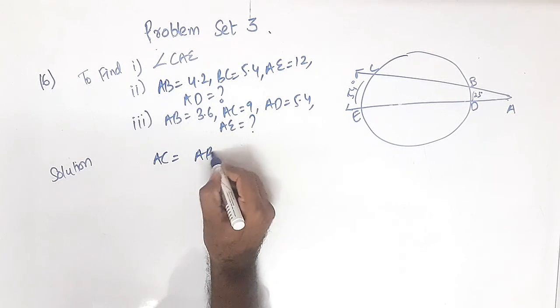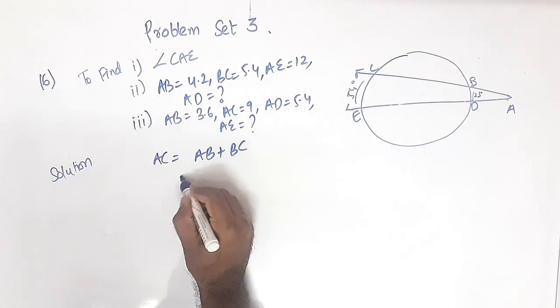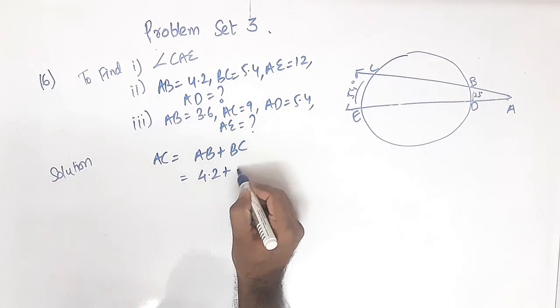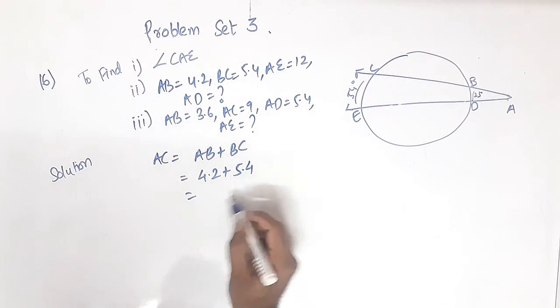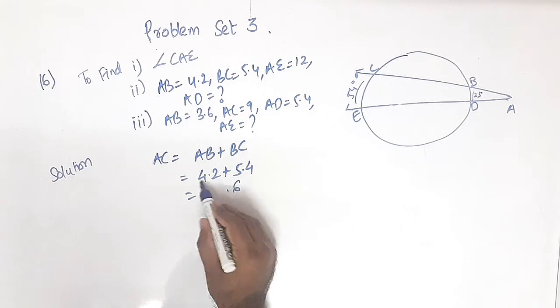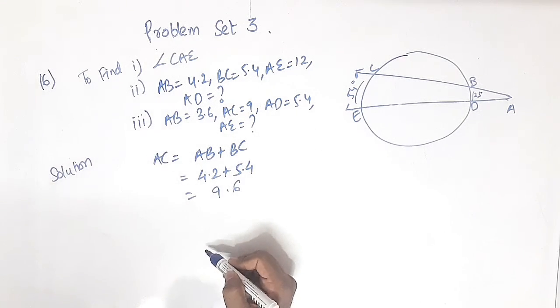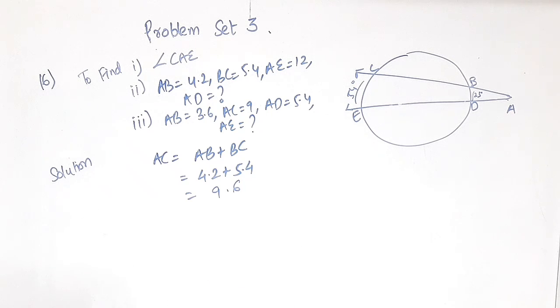AC is nothing but AB plus BC. So AB is 4.2, BC is 5.4. So 4 plus 2 is 6, 5 plus 4 is 9, so 9.6.